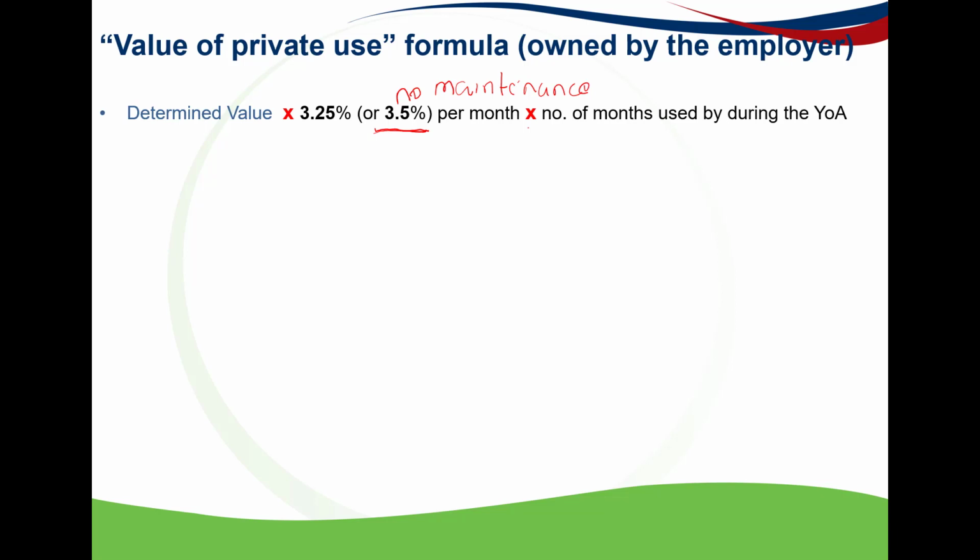If the question is silent in that regard, you will assume that the vehicle is not part of a maintenance plan, and therefore you will work with the 3.5%. Please take note that these two percentages, the 3.25% as well as the 3.5%, are monthly amounts. So you need to multiply that again by the number of months that the vehicle was used by the employee. Right, and that is how you get to your value of private use.